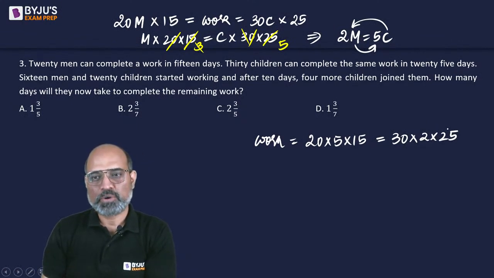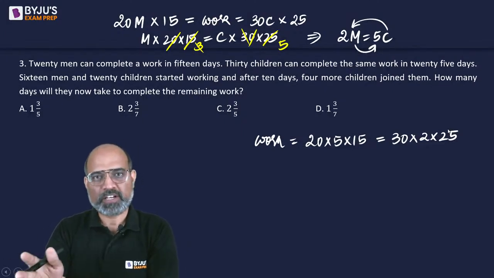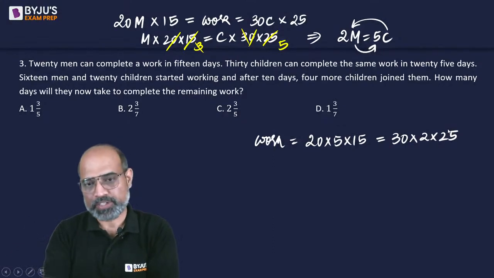They both are going to be 1500, 1500 units का work है. ठीक है? So we'll remember two things. The work is 1500 units and the efficiency of a man and a child, they are in 5:2 ratio.